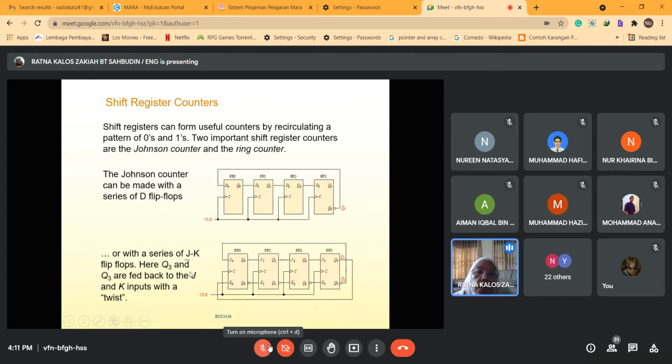Here Q3 and Q3 bar are fed back to the J and K inputs with a twist. Q3 bar is connected to J0, and then Q3 is connected to K0. So the twist is at this point.